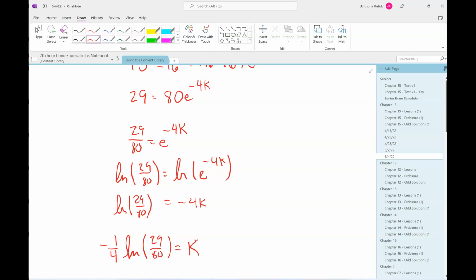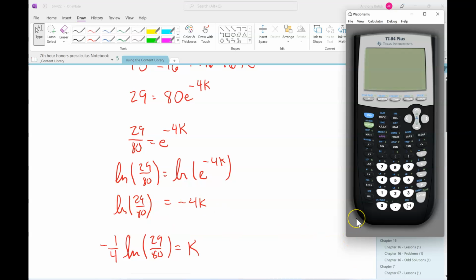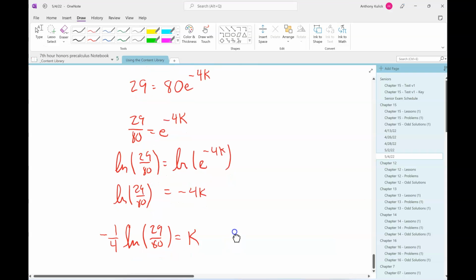Because that definitely makes a big difference. So I'm going to write it that way so there's no ambiguity about where that negative 4 is being divided. But that's just what I like to do. So I do that, I get about 0.254.